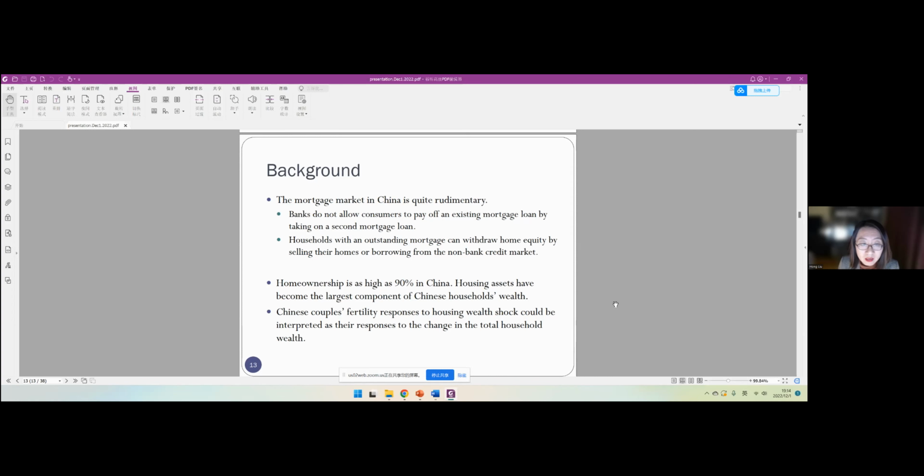Meanwhile, home ownership is as high as 90% in China. Housing assets have become the largest component of Chinese household wealth. So Chinese couples' fertility responses to housing wealth shock could be interpreted as their responses to the change in total household wealth.